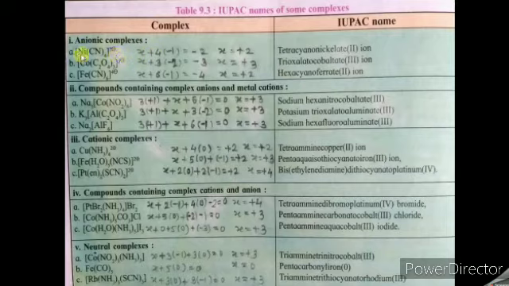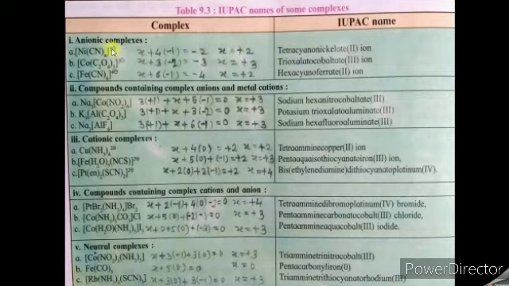So the oxidation number of nickel is X plus 4 into 1 minus, and the overall charge is minus 2. So X is equal to plus 2, which is the oxidation state of nickel, and it is written in round brackets. There are 4 CN, so the prefix tetra is used: tetracyano.